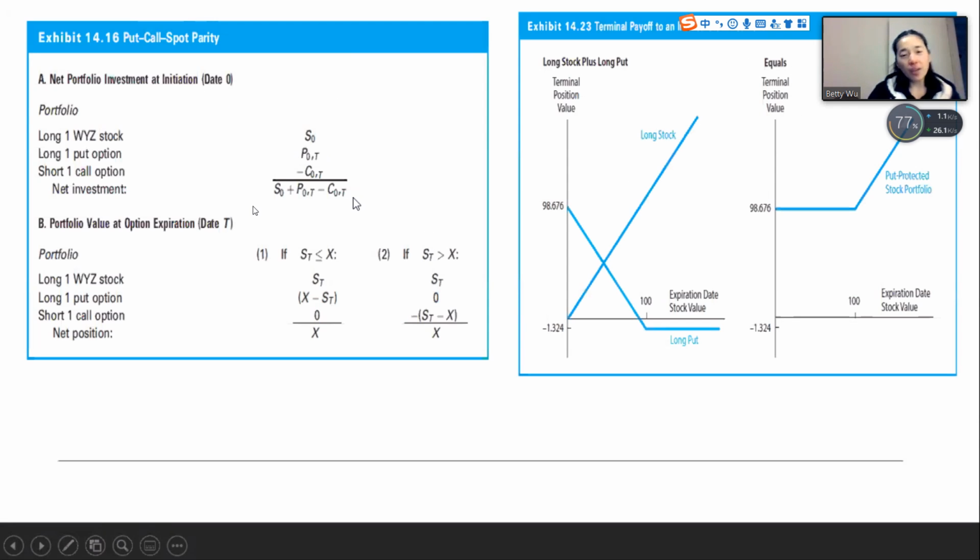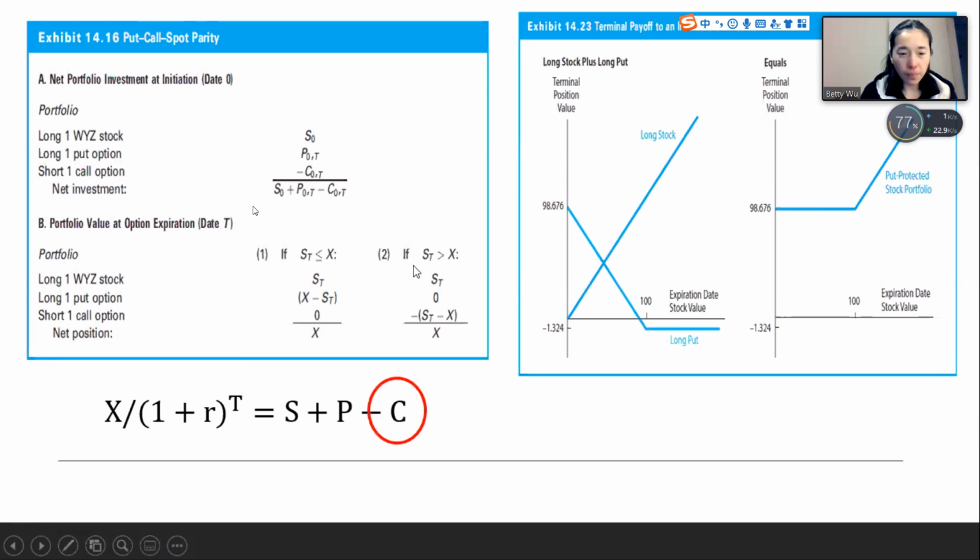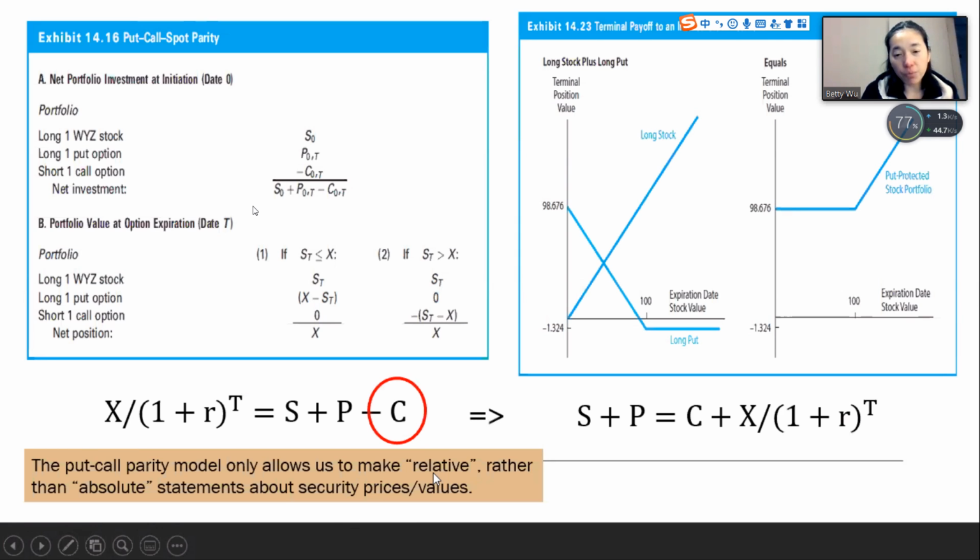All right, so let me get to the topic here. Before we talk about the two option pricing models, I thought it makes sense to recap put-call parity. Still, this is an option pricing model, but again, I already mentioned that it makes relative rather than absolute statements, because puts and calls depend on each other.